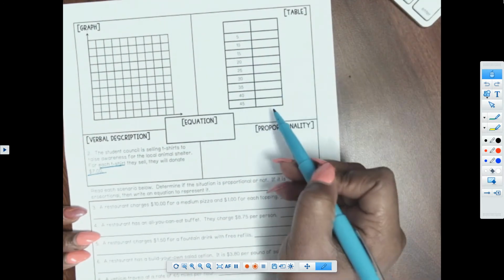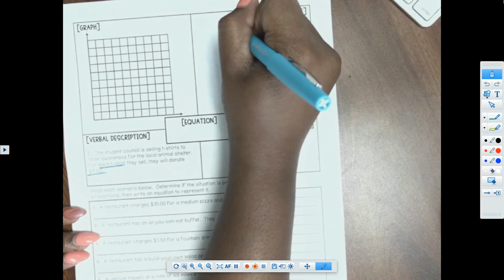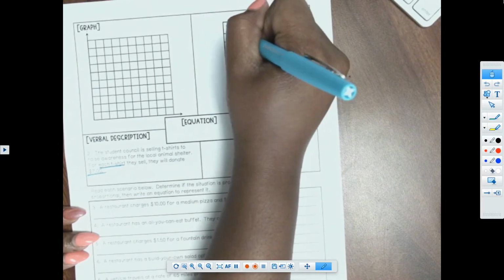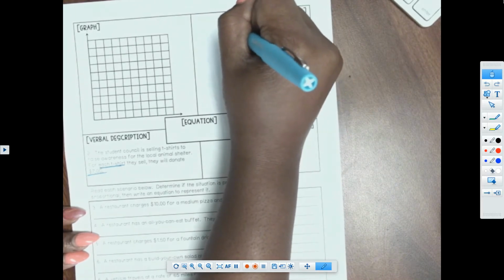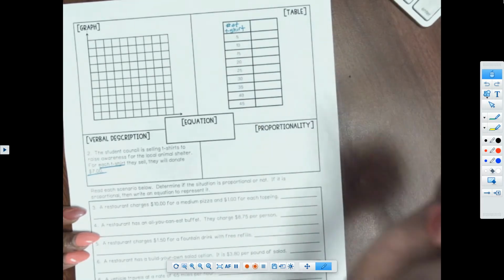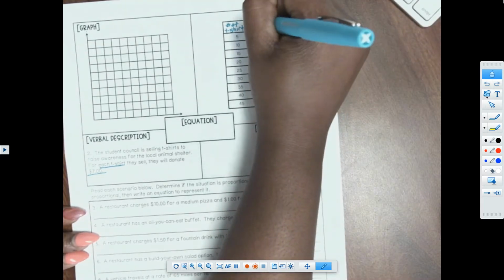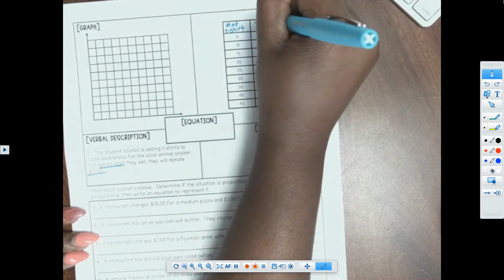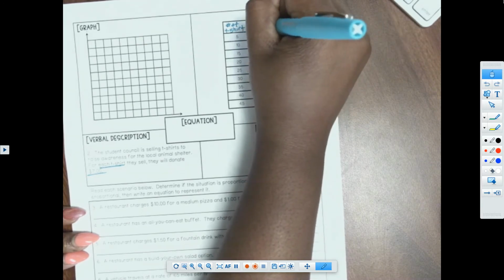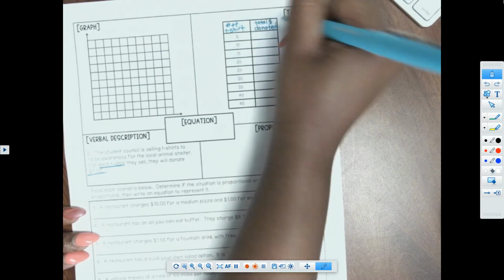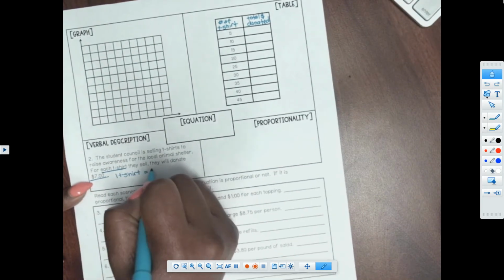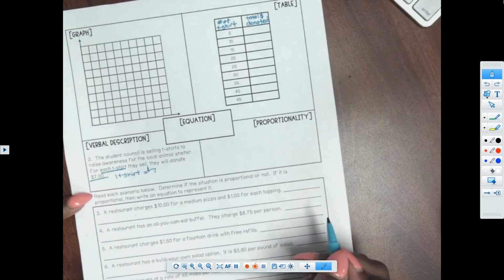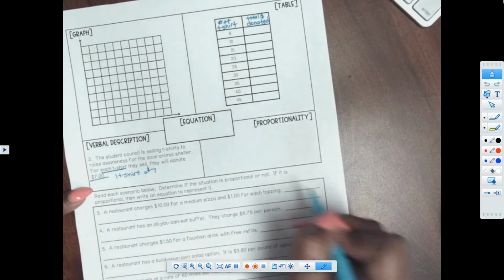Well, here, these 5 represent the number of t-shirts, and then this is the total money donated. So they told me that one t-shirt equals $7. So here's my unit rate right here, $7 for one t-shirt.